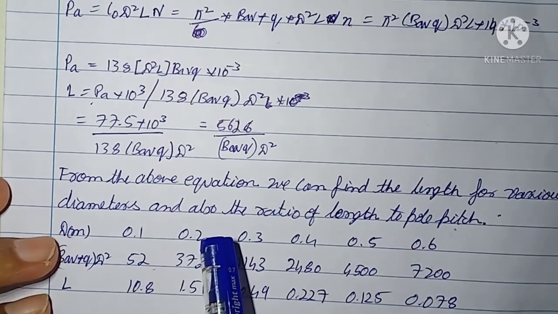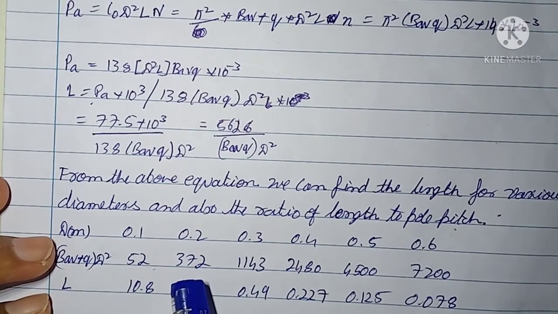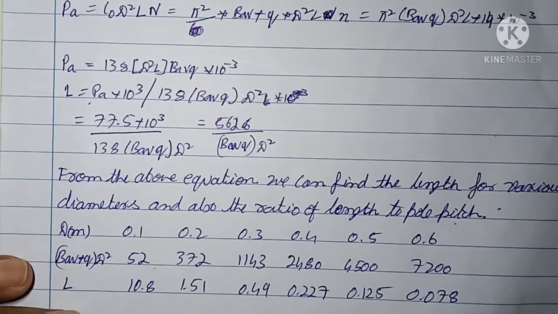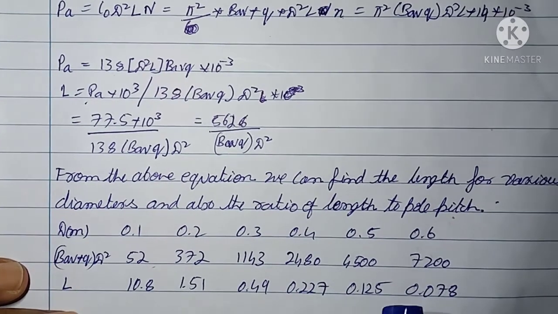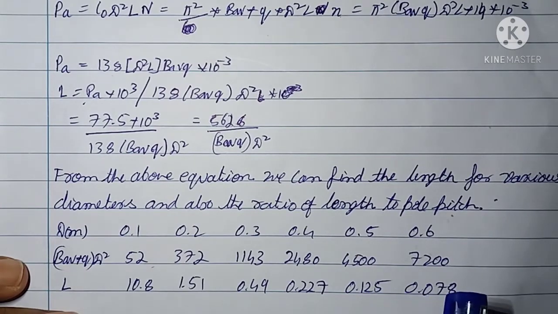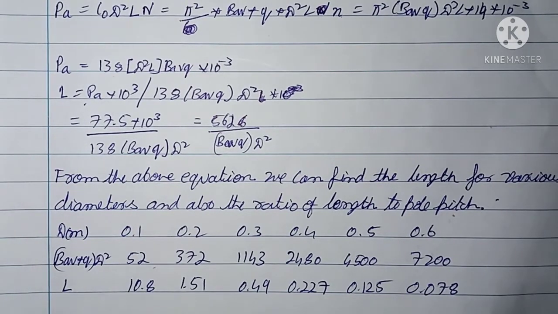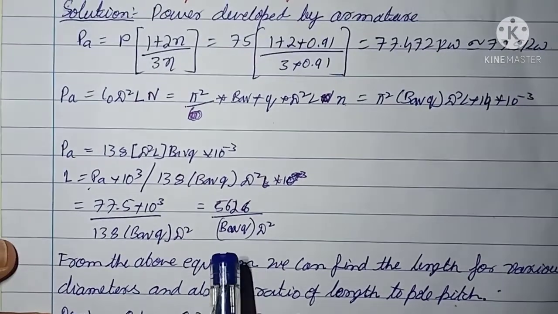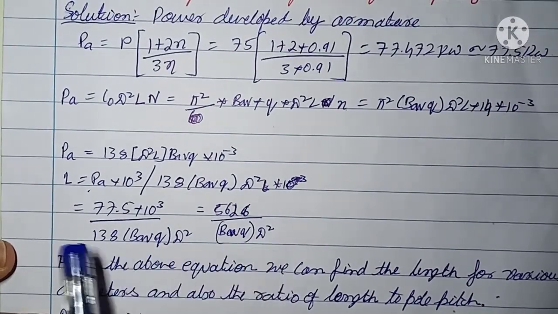Similarly for 0.2 diameter it is 372, for 0.3 it is 1143, for 0.4 it is 2480, for 0.5 it is 4500, and for 0.6 diameter it is 7200.